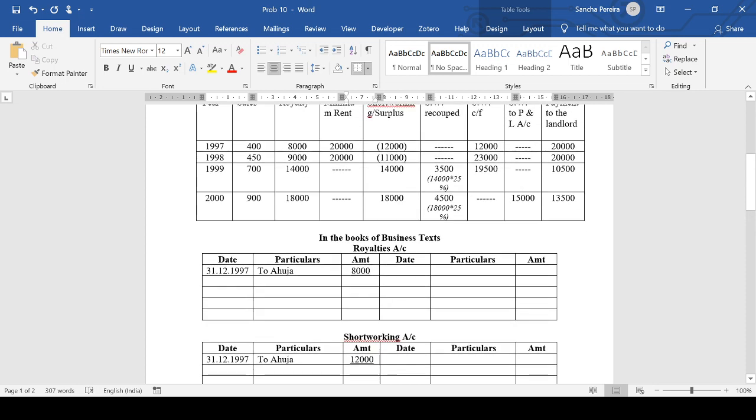Since we are in the books of the lessee, royalty is an expense for the lessee. It's going to come on the debit side of the P&L account. So it will be P&L account debit to royalty. So in royalties account, it will be by P&L account, 8,000.